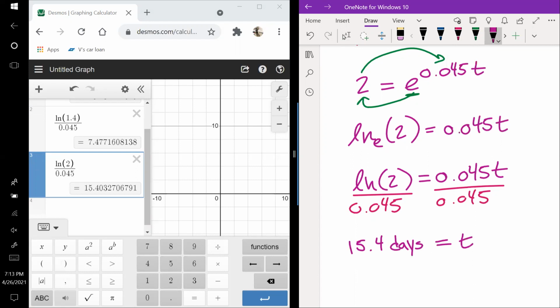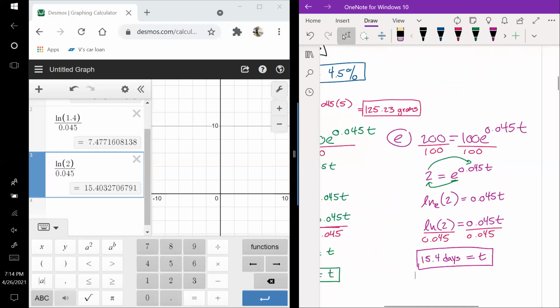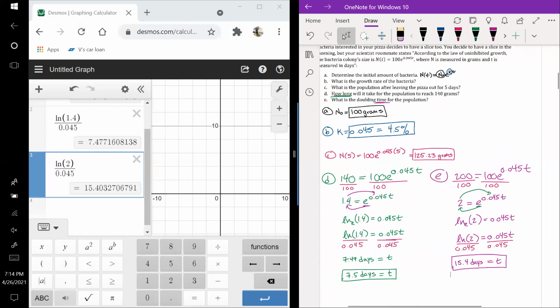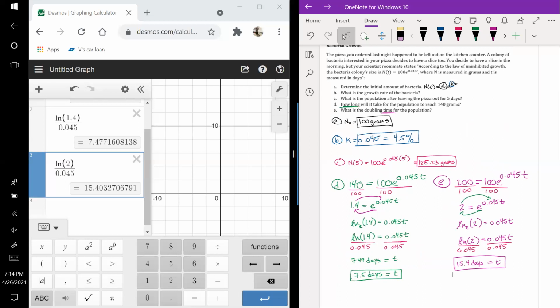This means that you have left your pizza on the counter for 15 days. Eesh. Or maybe we threw it in the trash can, and this is what happens after 15 days. But this is how you model exponential growth. So, any questions on that?